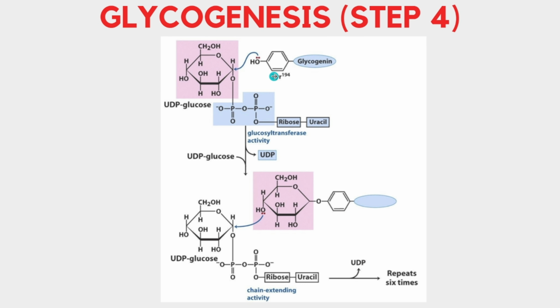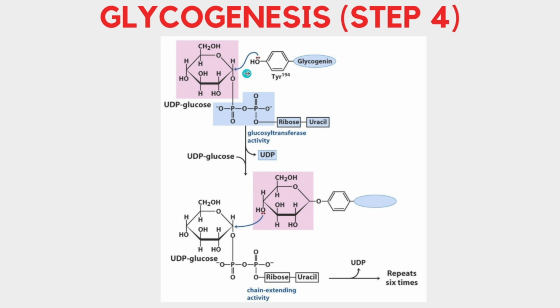Glycogenin is the primer. It is simply like the DNA polymerase that you learned in DNA replication. They require an RNA primer because DNA polymerase cannot simply add the bond to the DNA. They require the primer. So simply like that, glycogen synthase also requires a primer. This primer we call glycogenin.